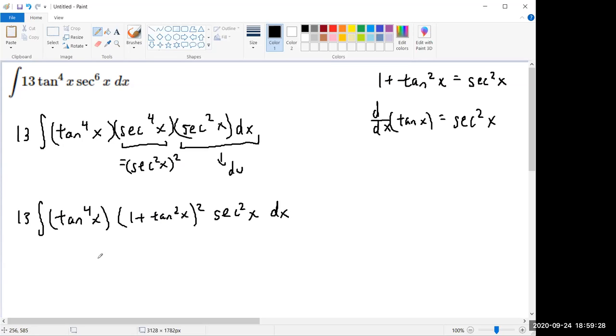Okay. All right. So now we can do our substitution. u is tan of x. So du is secant squared of x dx.